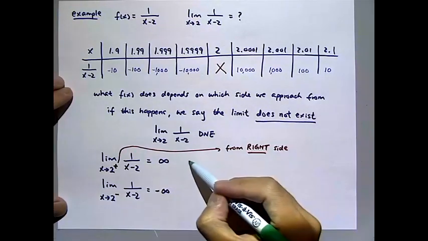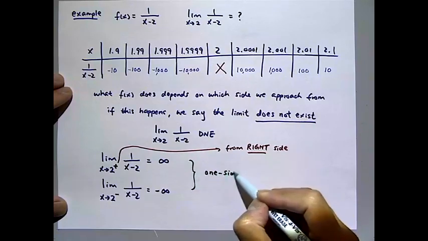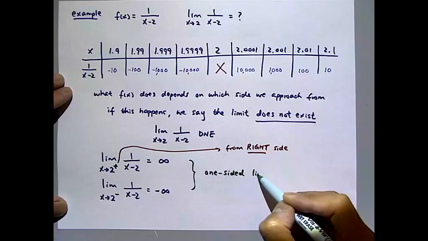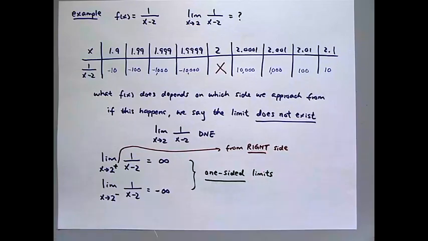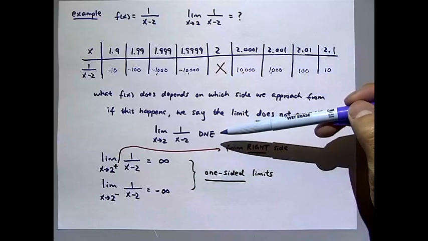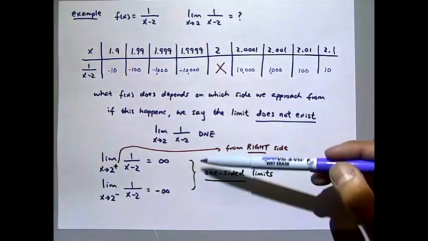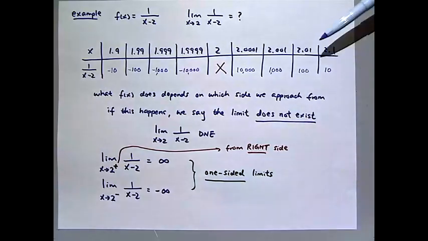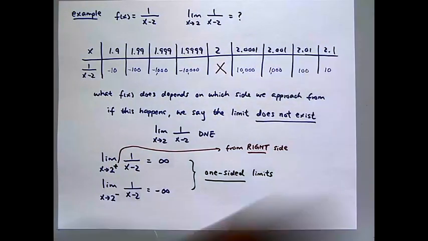And these are called one-sided limits. Okay? So the proper limit does not exist because the values don't match. But the one-sided limits exist. Right side gives me an infinity, left side gives me a negative infinity.